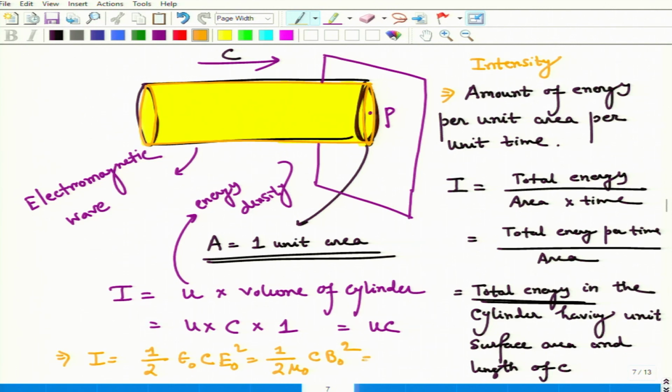Yes, or we can write it as 1 by 2 mu naught C E naught square. So this is the intensity of the electromagnetic radiation, right?